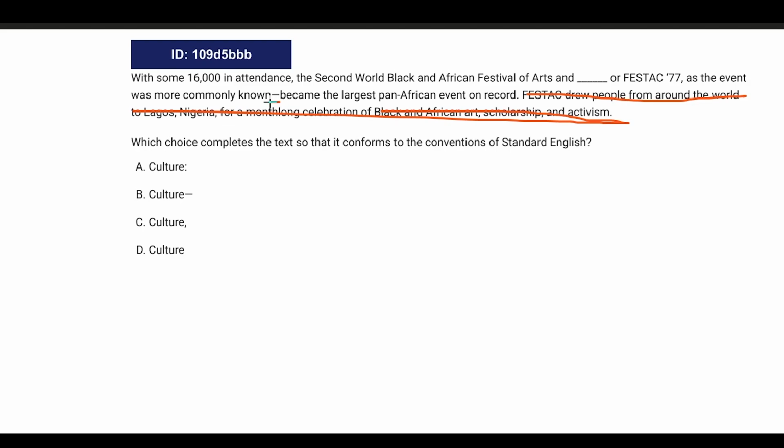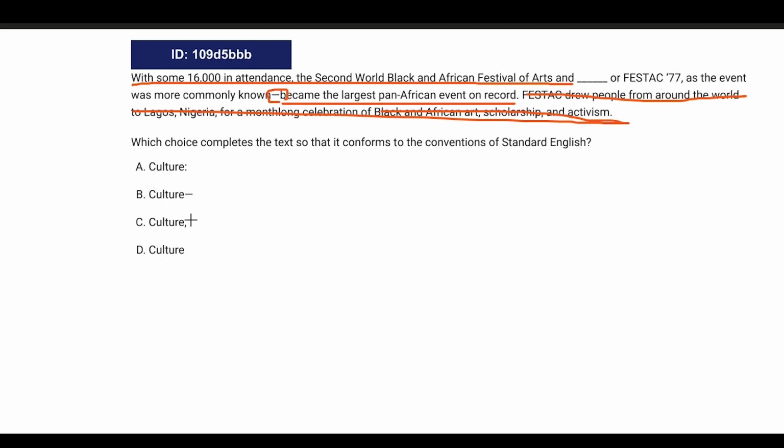However, immediately what I'm seeing is one of these, right? Became, right? So because there's a dash here, what I've underlined here is actually just the continuation of this sentence, because we can infer, watch, with some 16,000 in attendance, the Second World Black and African Festival of Arts and blank became the largest Pan-African event on record.